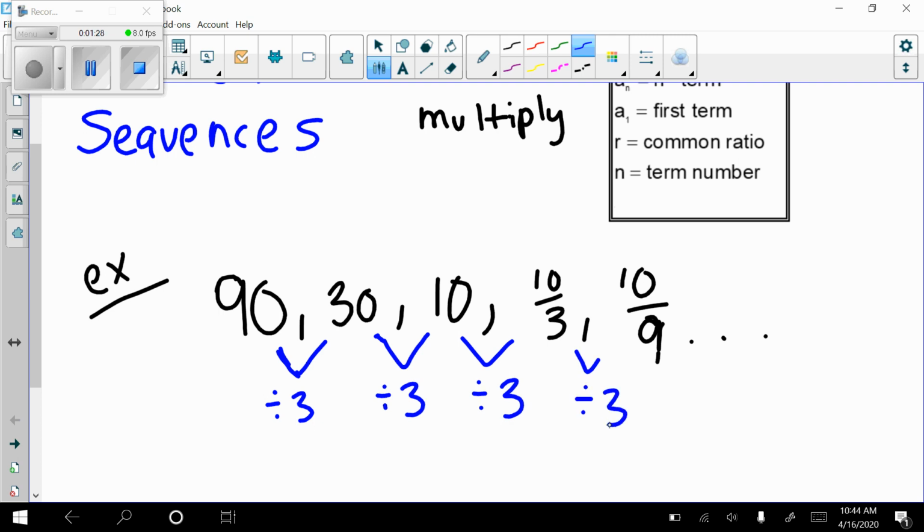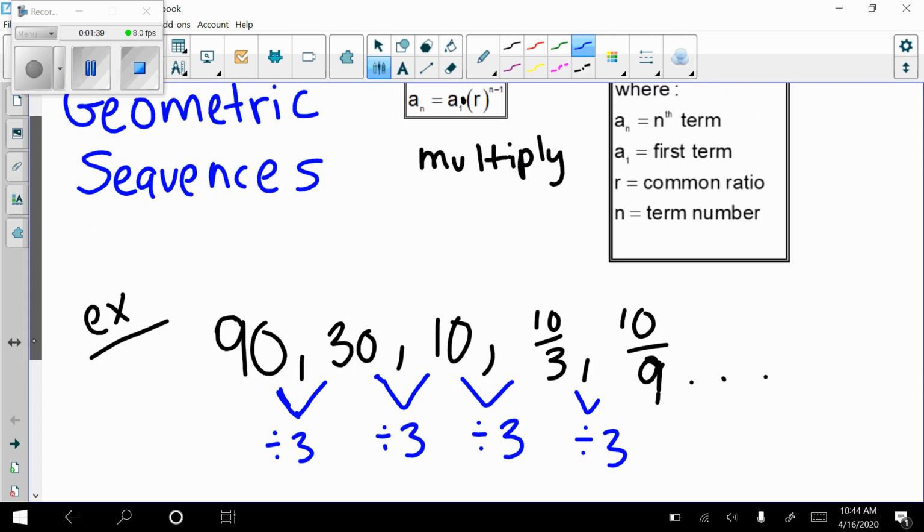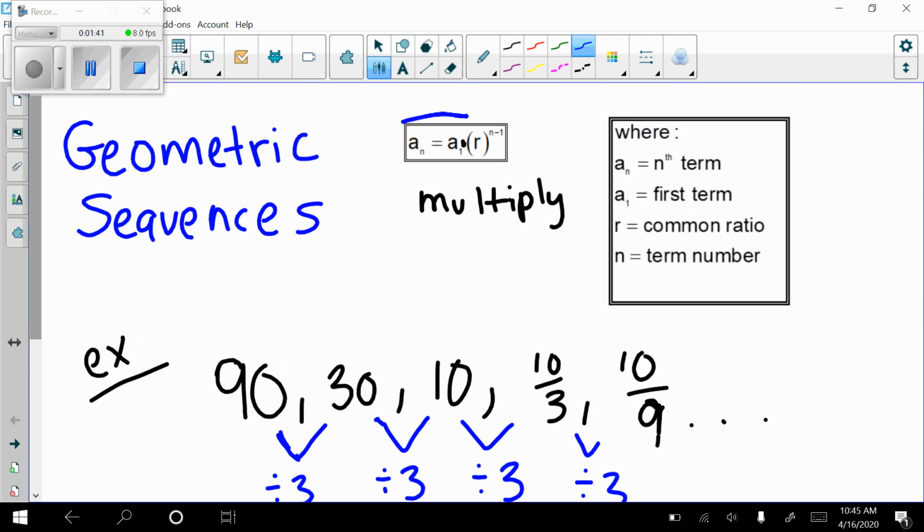So it's still geometric. This is still going to be our R. But what we're going to do is still write it as multiplying because this is still what the equation looks like. So for our R in this scenario, we're still going to write it as being multiplication.